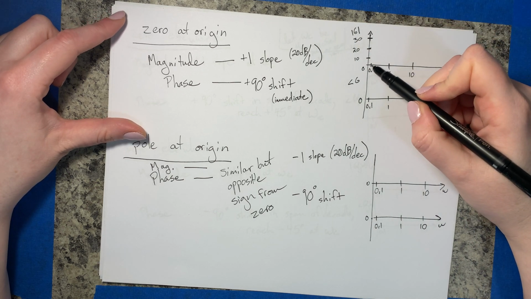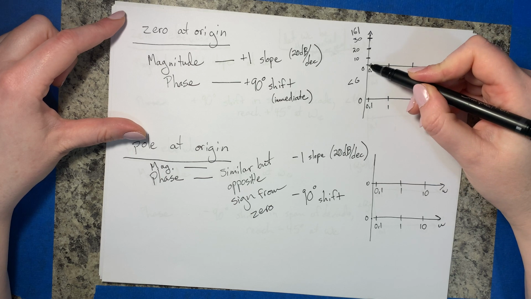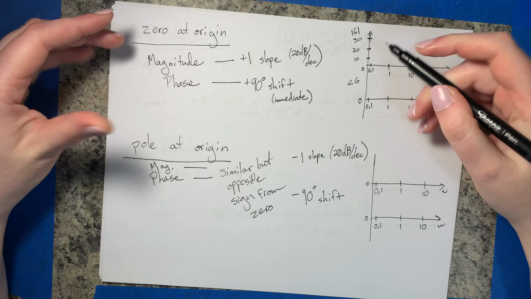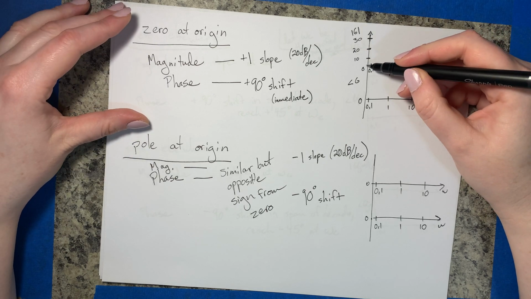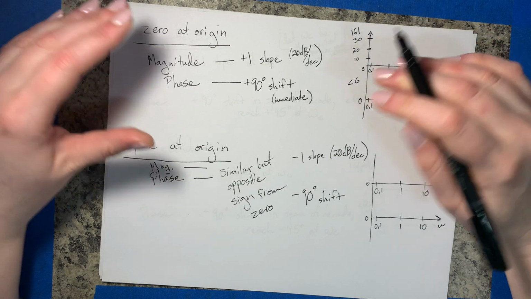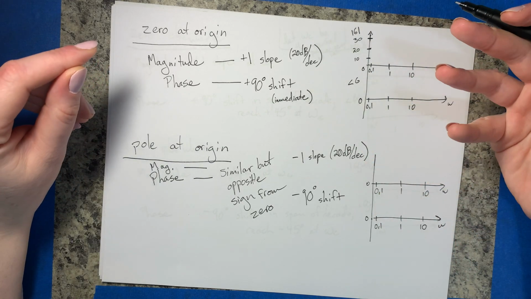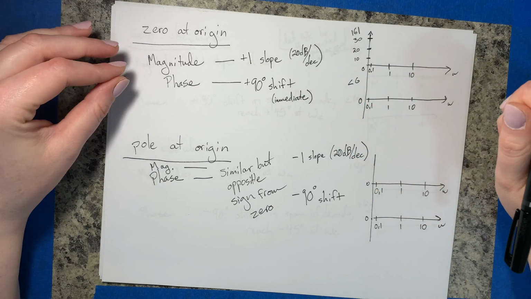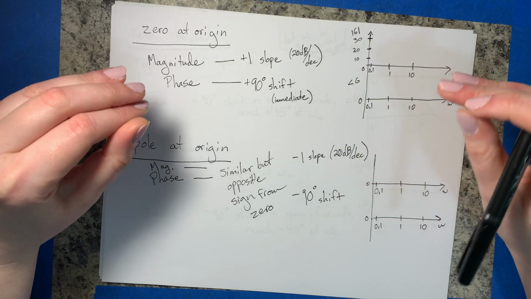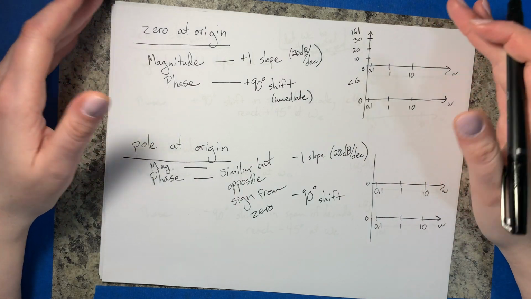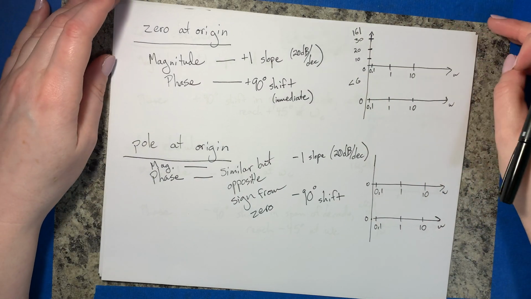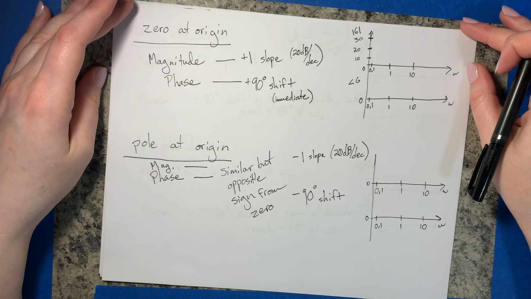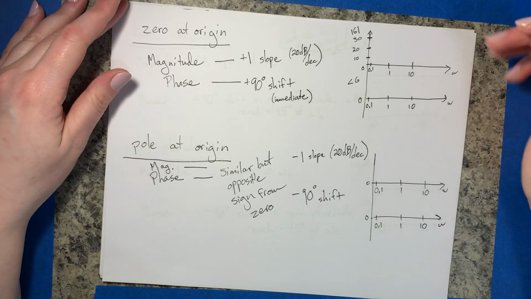I'm not going to worry about this small part right here because the frequencies at a tenth and below don't tend to affect the plot very much. Again, we are drawing approximation plots. They're not going to be exact, but the overall shape should be pretty much the same as one you did in MATLAB or with some other graphing program.